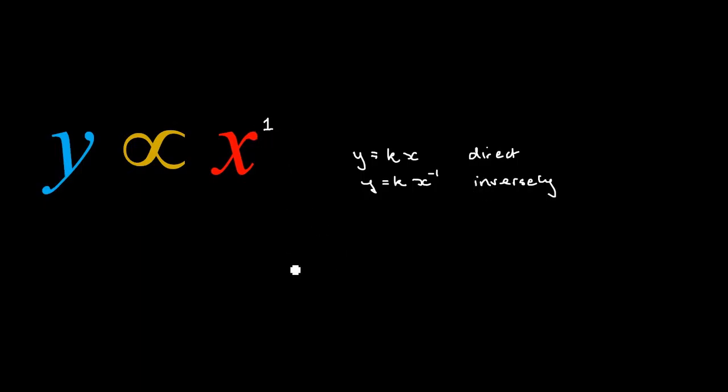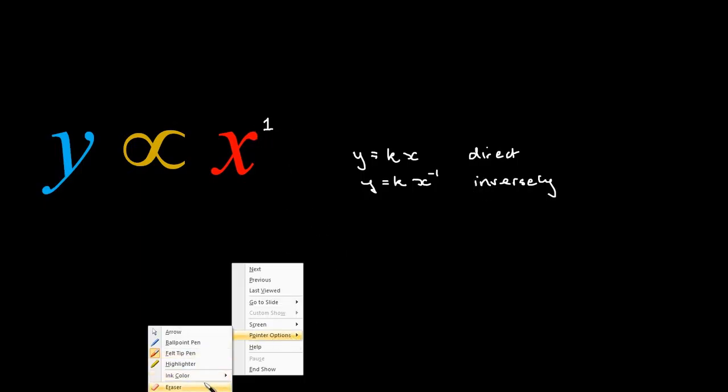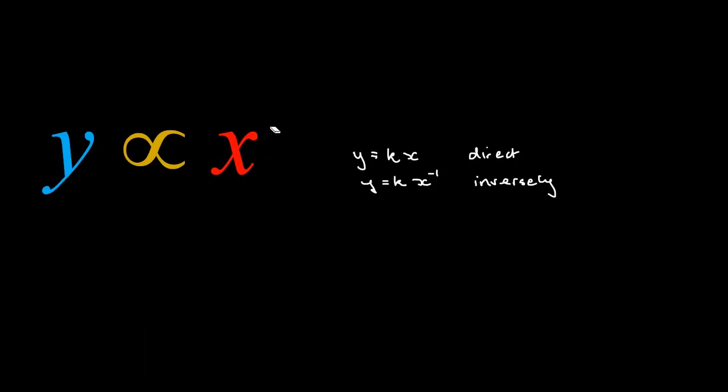But what if I change this now to a different value? Let's increase it to 2. Okay, now we would say y is squarely proportional to x. So we have the constant of proportionality again, we have x squared, and there's several examples of this in physics.